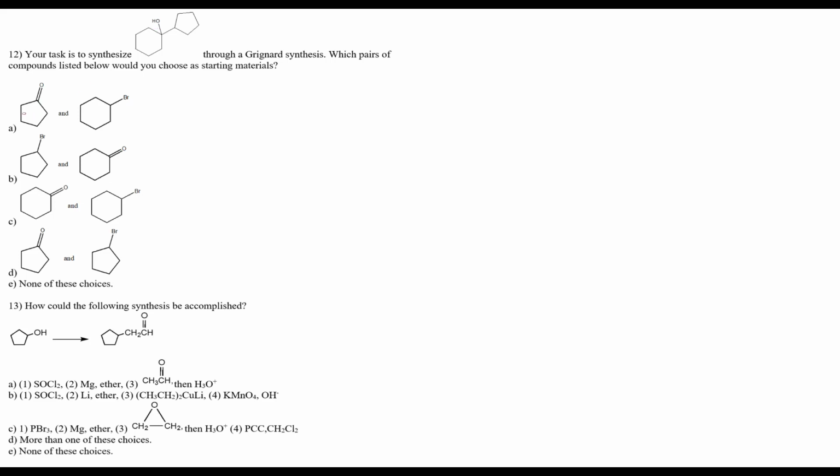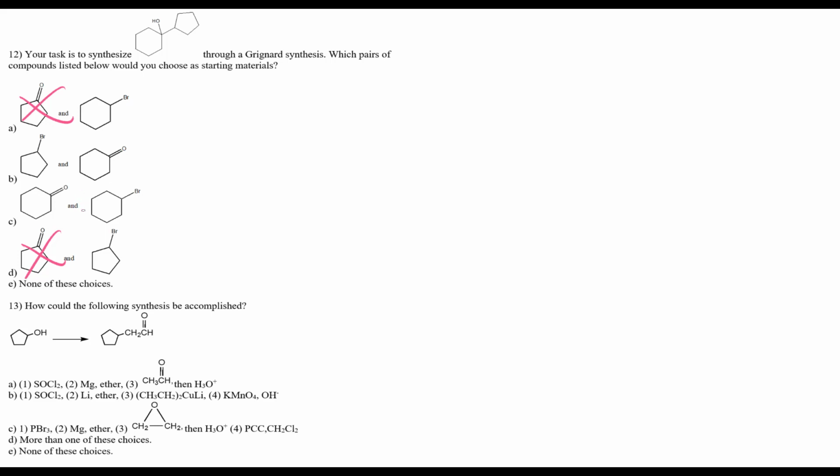So A is wrong because the carbonyl is on the cyclopentane. B looks okay, and C looks okay too. D is wrong because, again, there is a carbonyl on the cyclopentane. So it's either B, C, or E. What happens here?